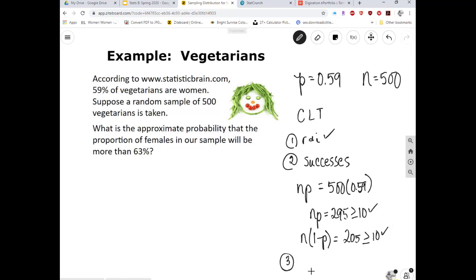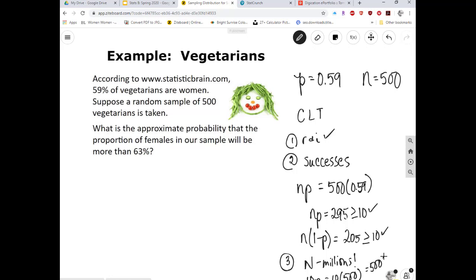The last one is I need my population size to be 10 times larger than my sample size. For population size, it's all vegetarians, so this is millions of people. And 10 times my sample size is 10 times 500, which is 5,000.